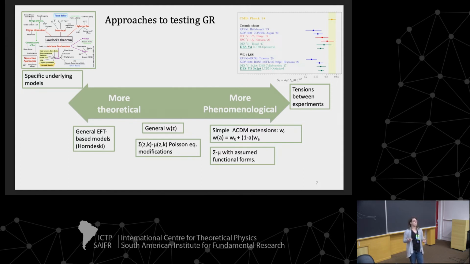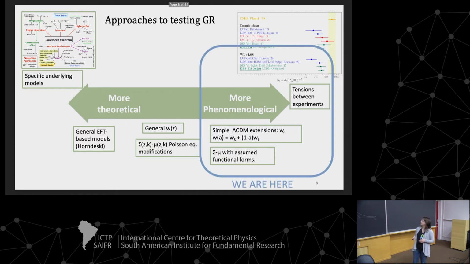The challenge is that these general models end up having so many degrees of freedom that it's very difficult to constrain all the parameters. Specifically, and this will be my focus in a lot of this talk, the challenge is to constrain them robustly and make sure that you're not confusing some astrophysical or modeling uncertainty for new physics.